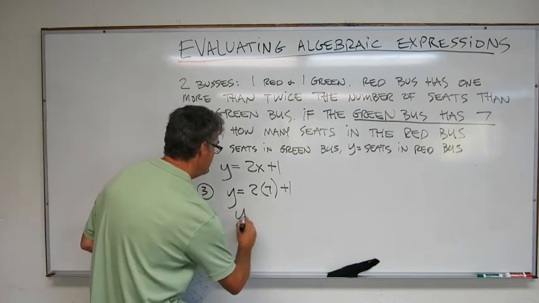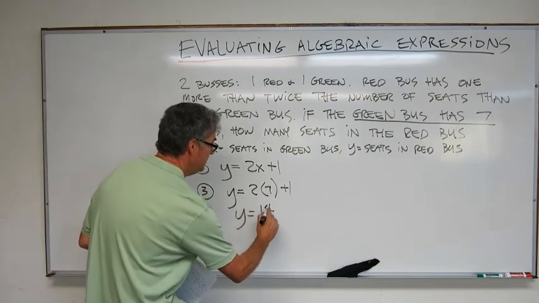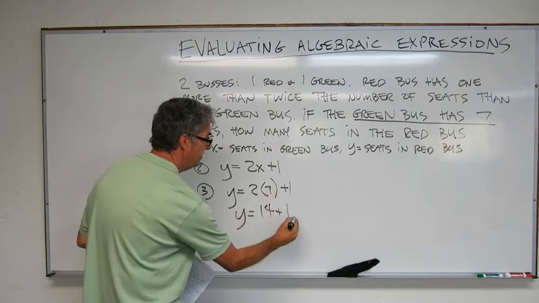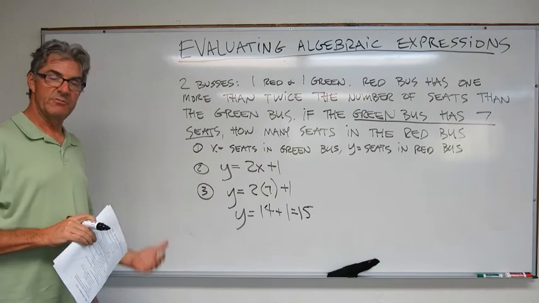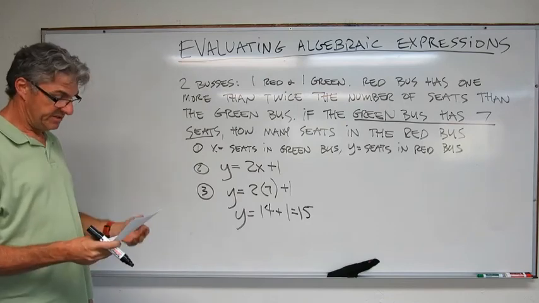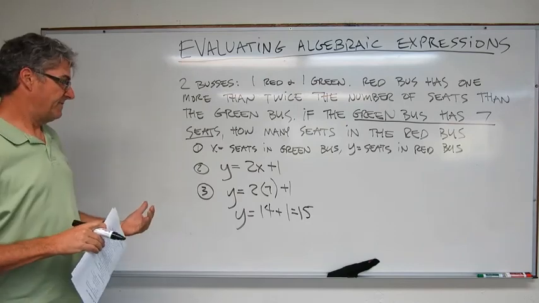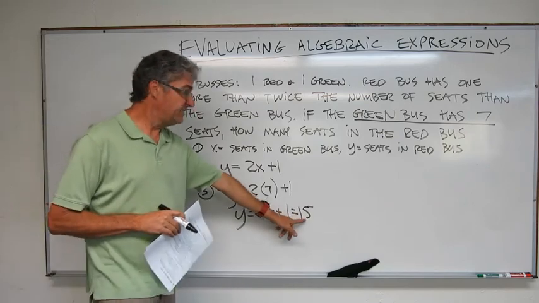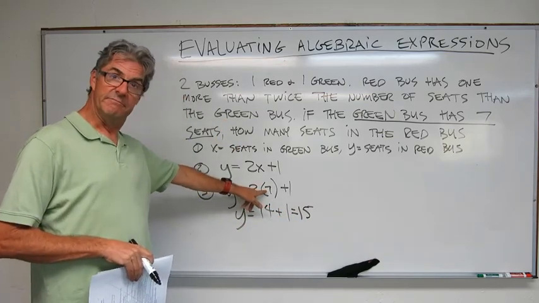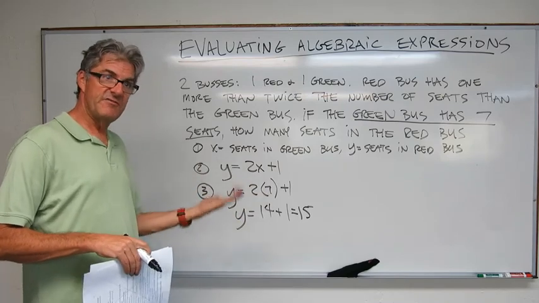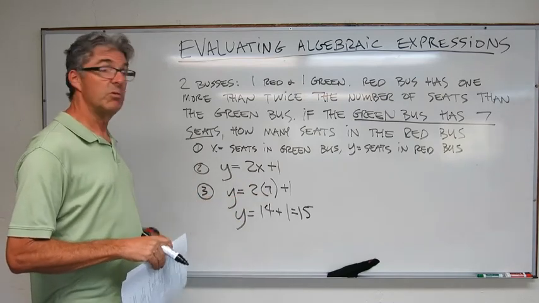So Y equals 14, 2 times 7 plus 1, which is 15. So that tells us the red bus has 15 seats. Now, we could check that. Is 15 one more than twice 7? And it is. Twice 7 is 14, one more makes 15. So we're good to go.